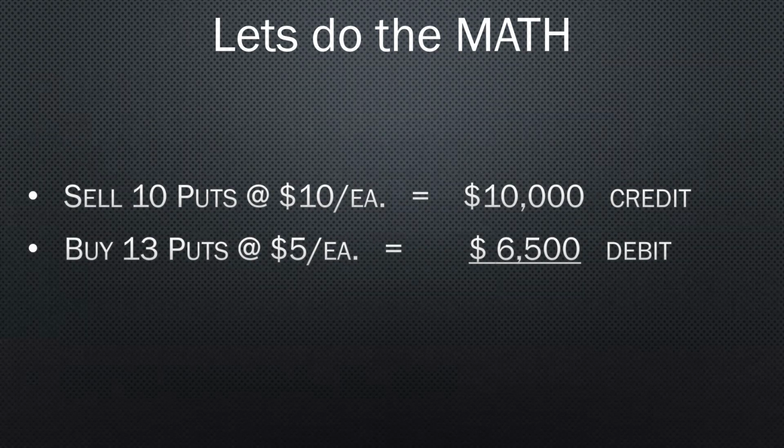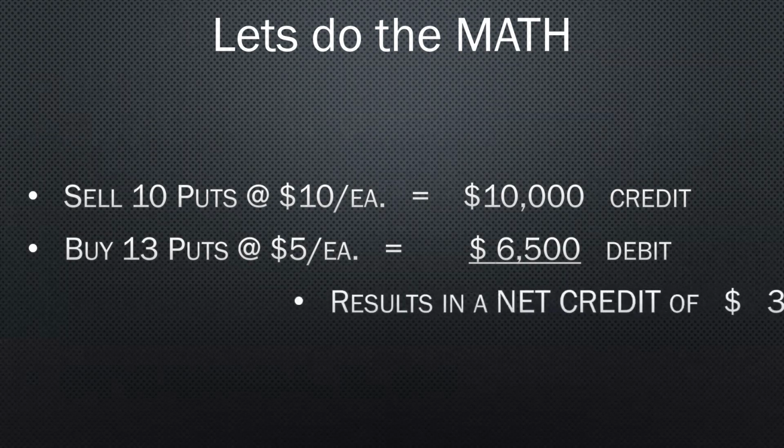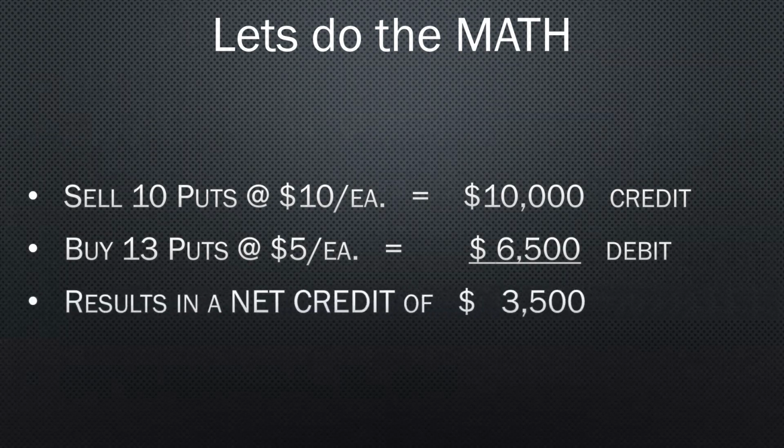That's $500 times 13, which is $6,500. So we're going to bring in a credit of 10,000. We're going to have a debit against that credit of $6,500, and that will result in a net credit of $3,500. Now, if we were to hold this all the way to expiration, we could realize $3,500 in credit on a successful trade.